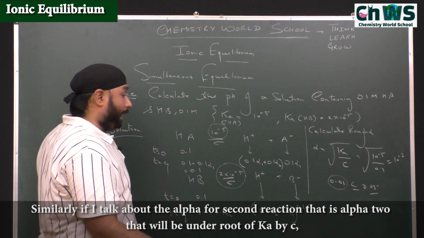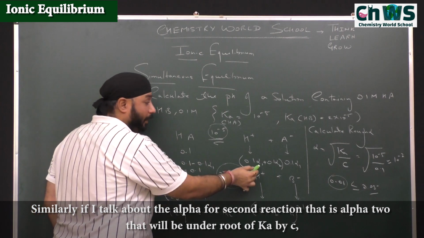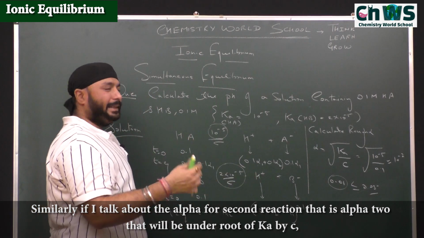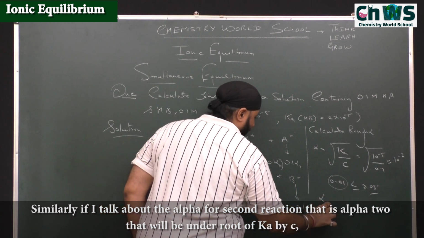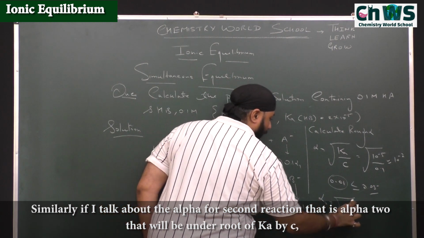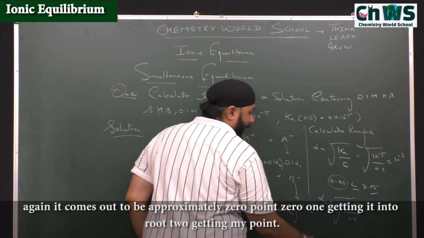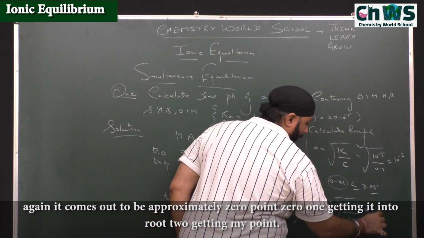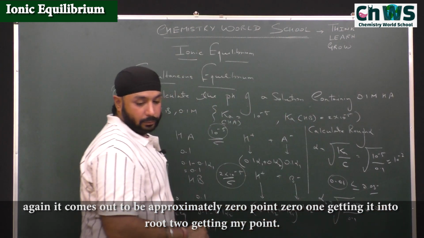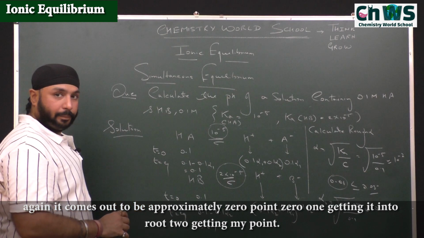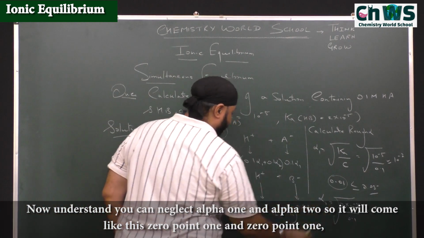And we very well know that after the common ion effect, the reaction goes backward and the alpha value will further decrease, so I can easily neglect it. Similarly, alpha 2 for the second reaction is the square root of Ka by C, which again comes out to be approximately 0.01 into root 2. So you can neglect alpha 1 as well as alpha 2.